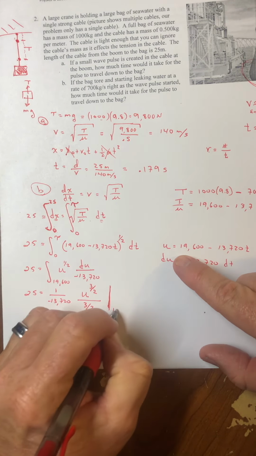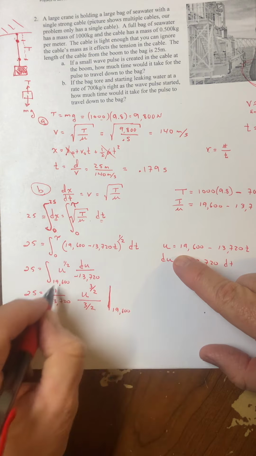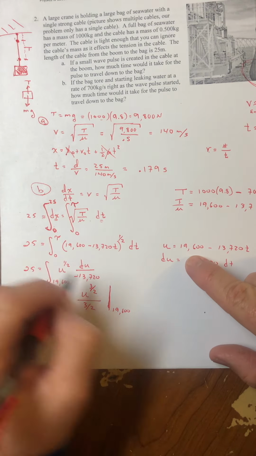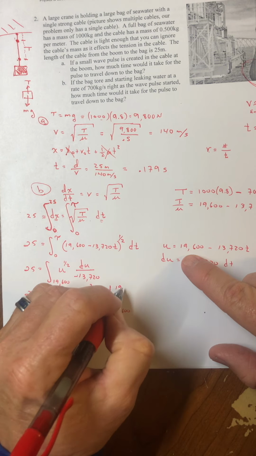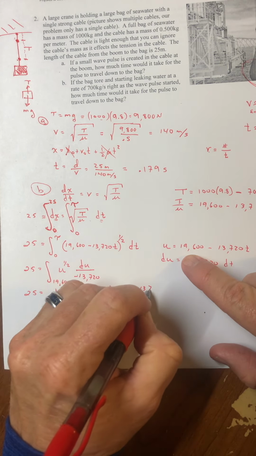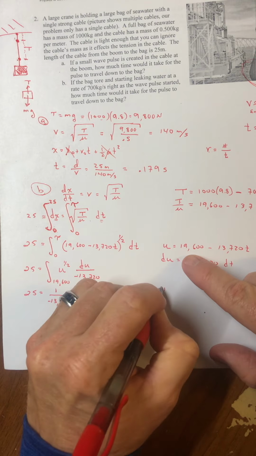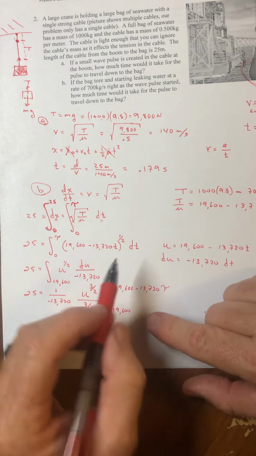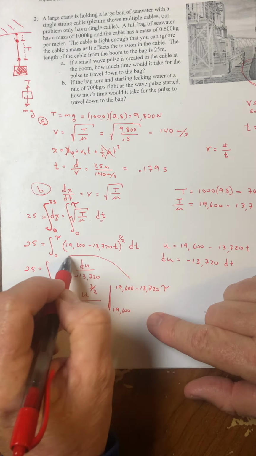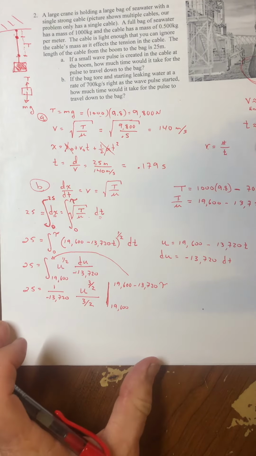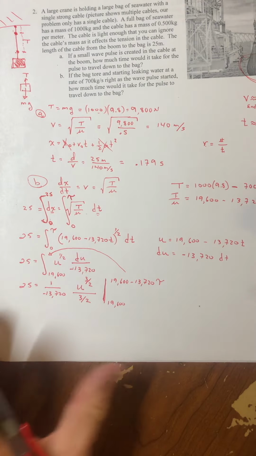And then my upper limit would be 19,600 minus 13,720, and then that tau symbol, the total time. It'd be okay if I don't write it on the integral. That's where that one would go. Okay, so those would be my limits.